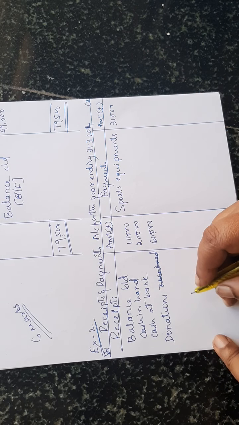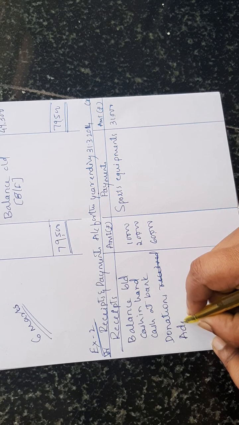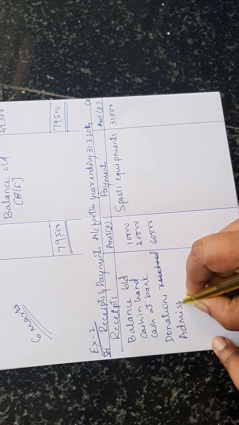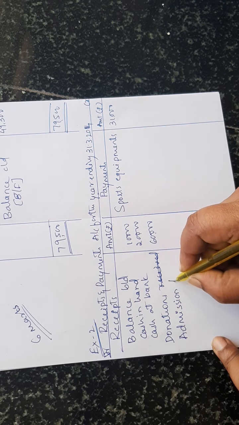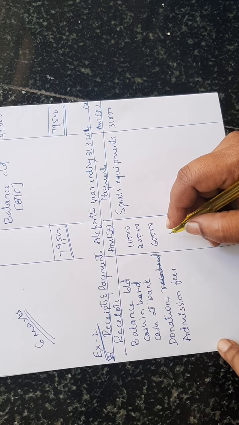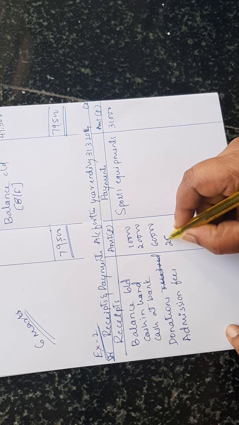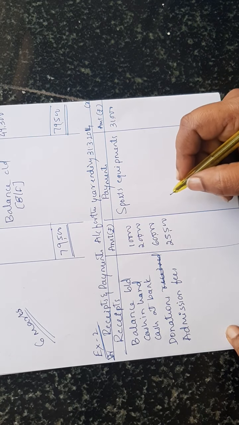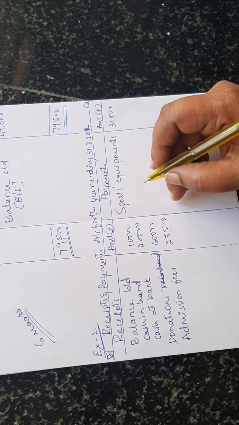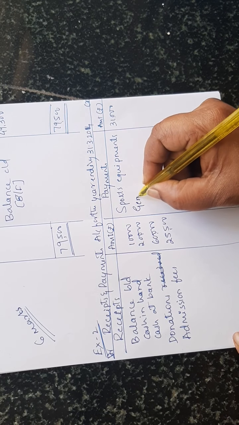Then admission fees, receipt, admission fees 25,500. Then general expenses.